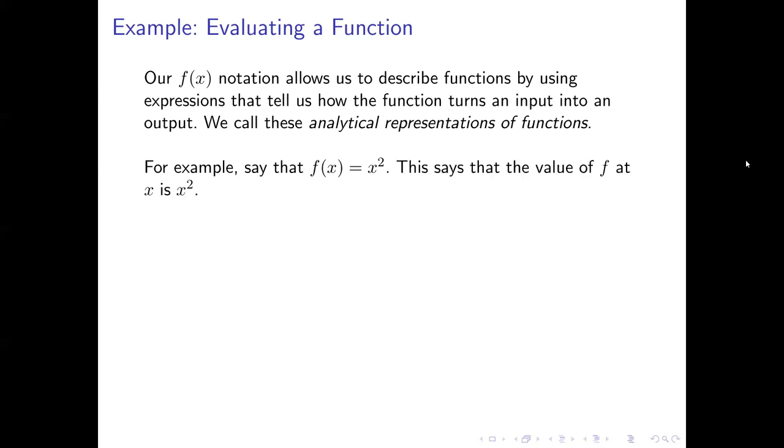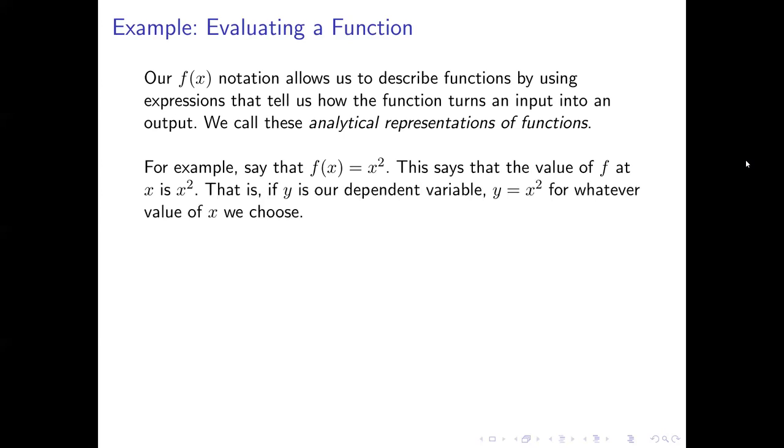In other words, once you pick a value for x, to get the associated value of your dependent variable, y or whatever, you square whatever you assign to x. So the value of f at x is x squared. Another way to put that is if y is our dependent variable letter, we can say that y is going to be equal to x squared for whatever value of x we might choose.